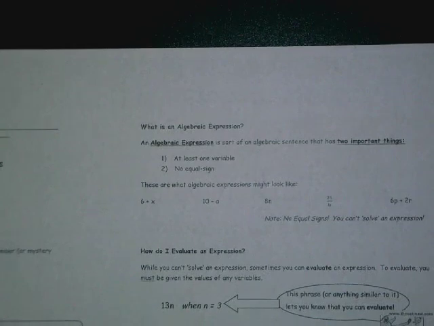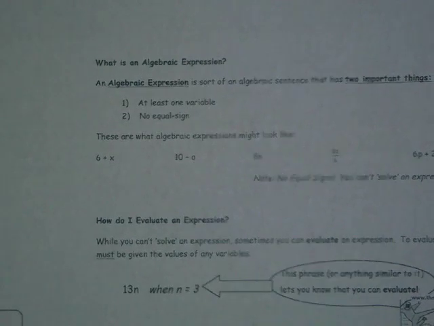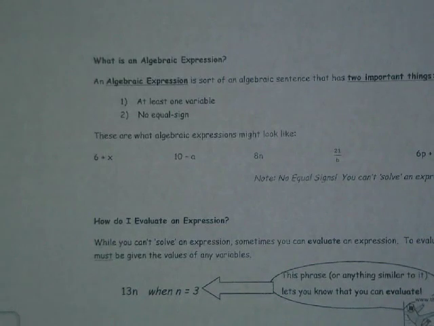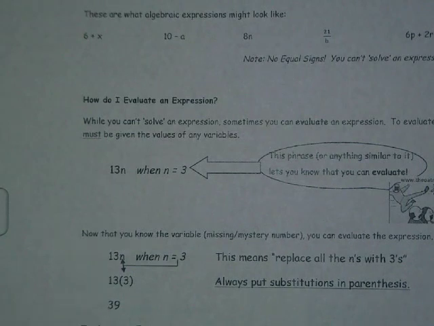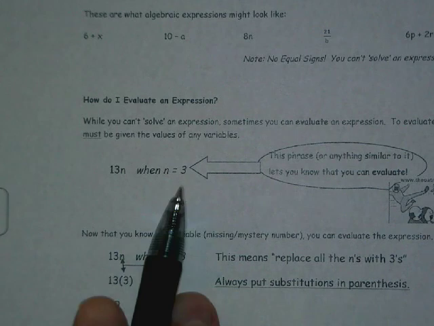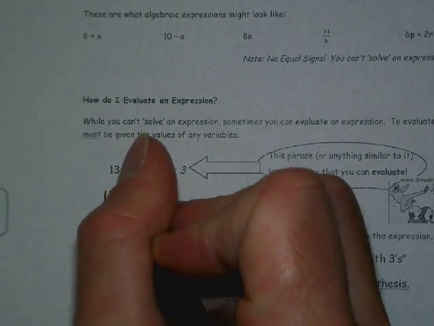So the simplest part today is evaluating. So all evaluating means is if we're given an expression, in this case 13n, and I tell you to evaluate it when n equals 3. All that means is go take 3 and go plug it in for n.